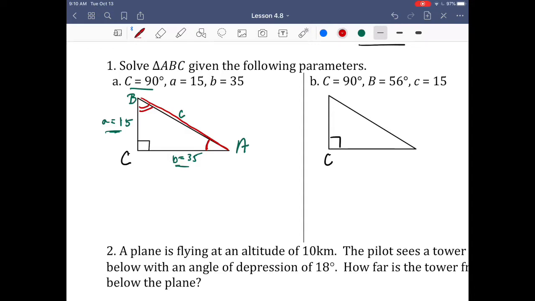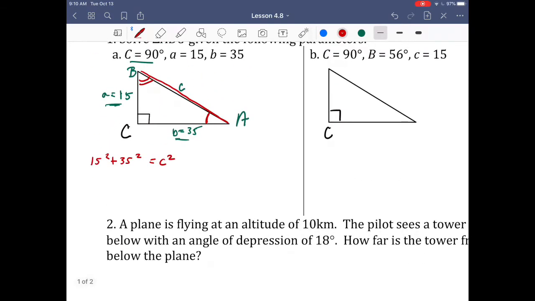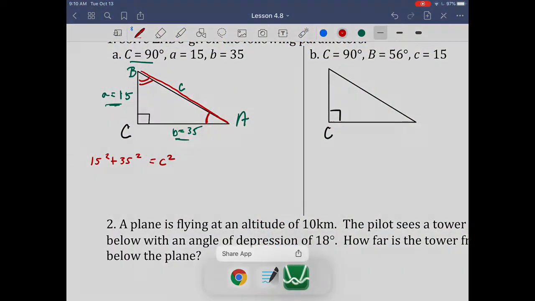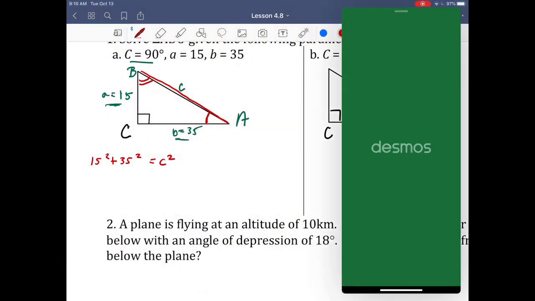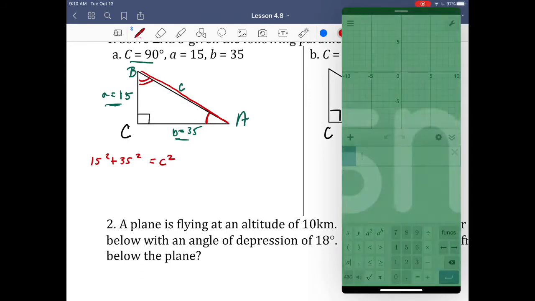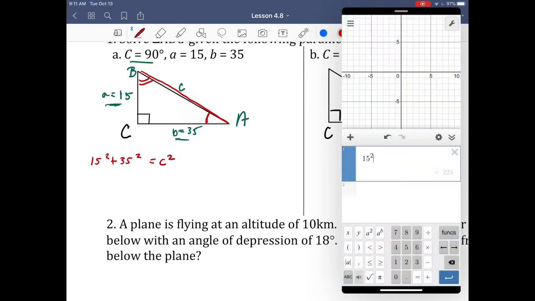I'm going to go ahead and find C first, just because I know I can apply the Pythagorean theorem to find that. So let me figure out what 15 squared plus 35 squared is. That's 1450 apparently.